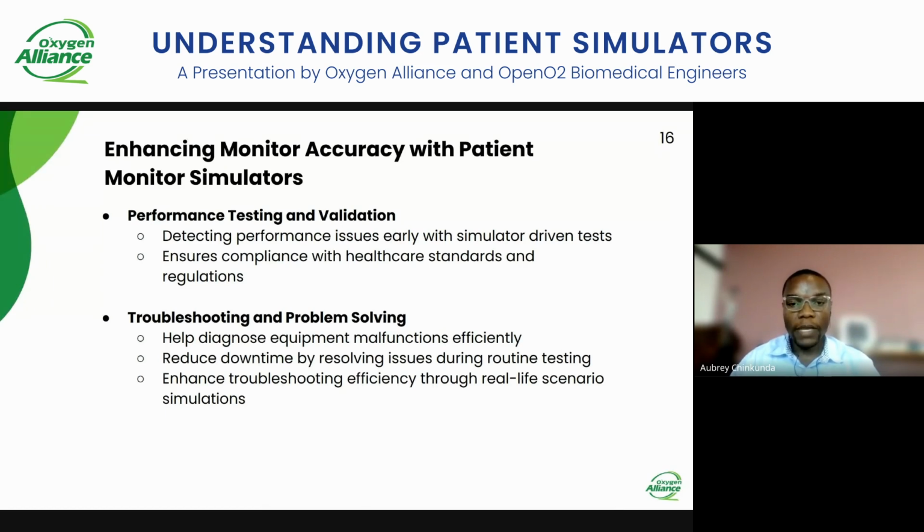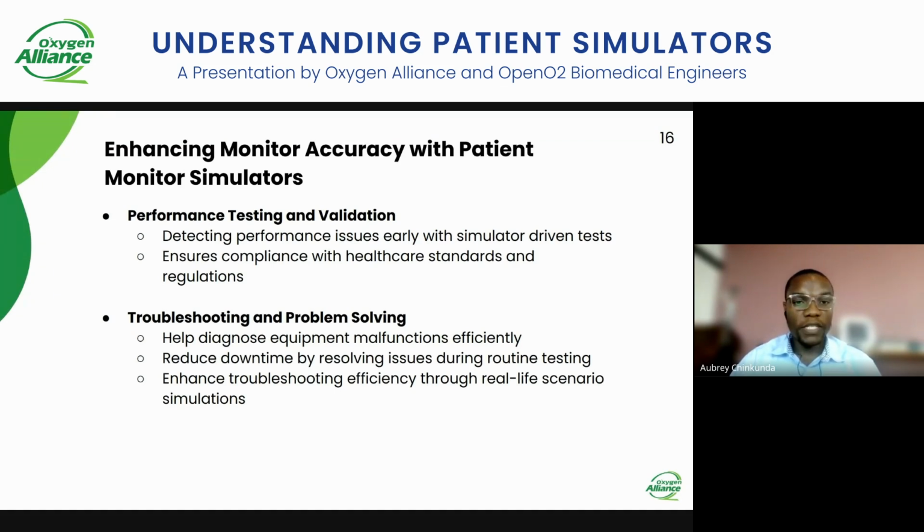You can pick up any faults before the device actually malfunctions, maybe even while it's connected to a patient. So when you're conducting routine tests, you can pick up on issues earlier and reduce downtime, enhancing troubleshooting efficiency through real-life scenarios and simulations.